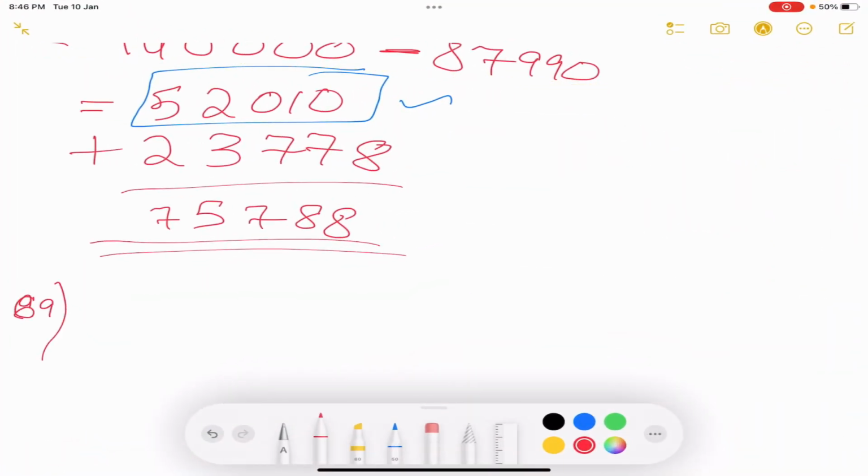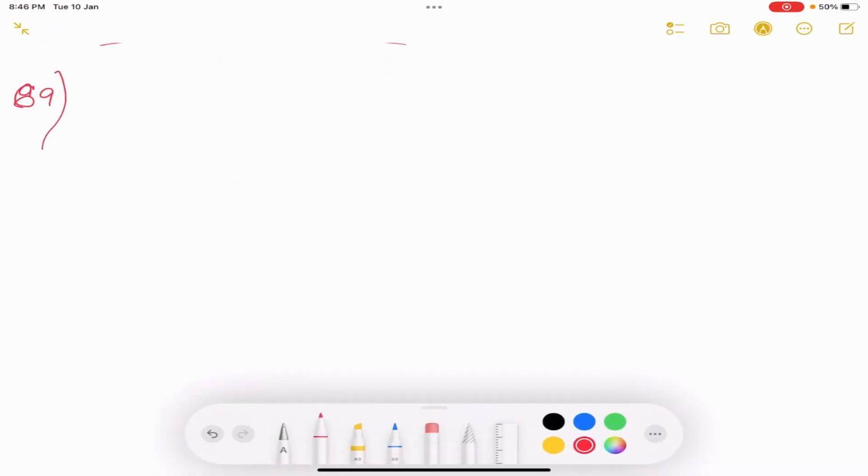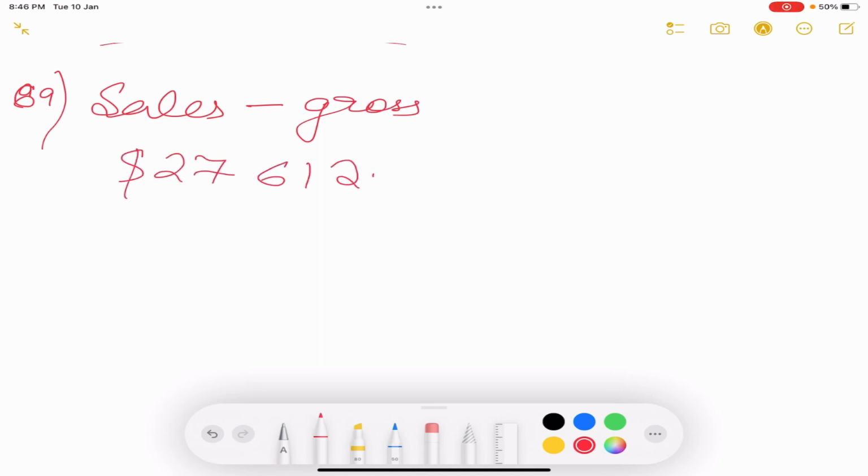Okay, question number 69. I hope you're writing and solving along with me. So sales are given with us and the gross value is given with us because it includes the tax, which is 27,612.50, right? This is the sales and the rate is also given to us, which is 17.5.